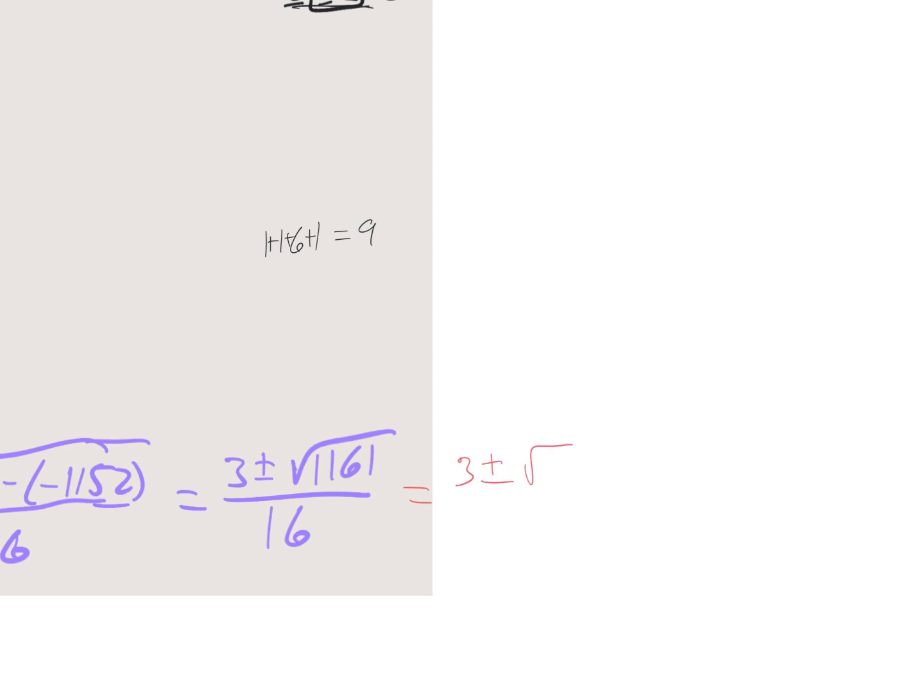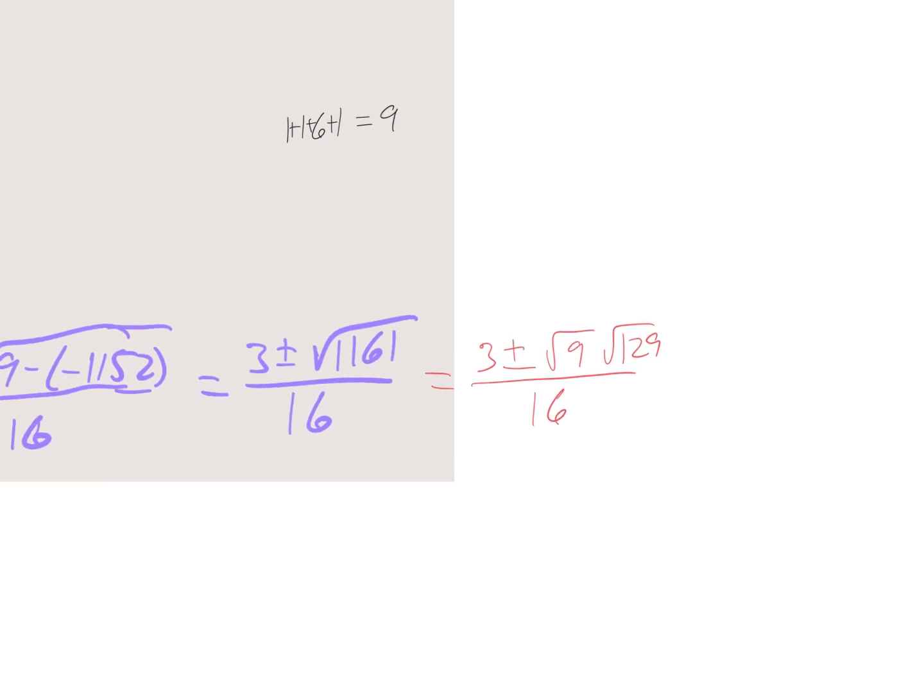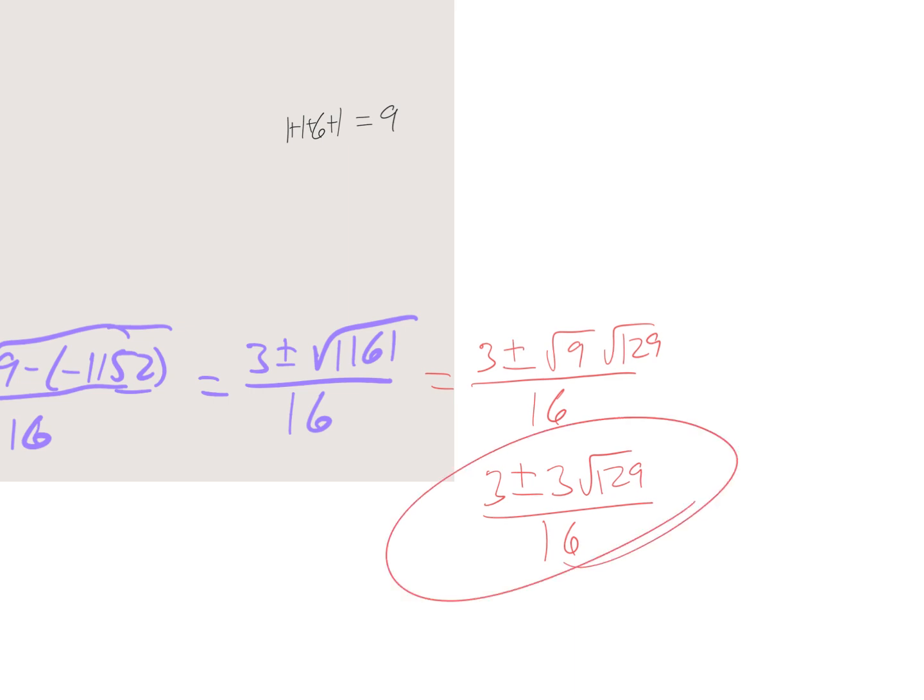So you get 3 plus or minus the square root of 9 times the square root of 129, divided by 16. Simplify a little more, you get 3 plus or minus 3 square root of 129 over 16. All right, and there's your final answer using the quadratic formula.